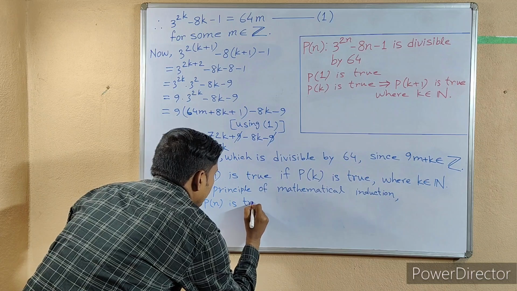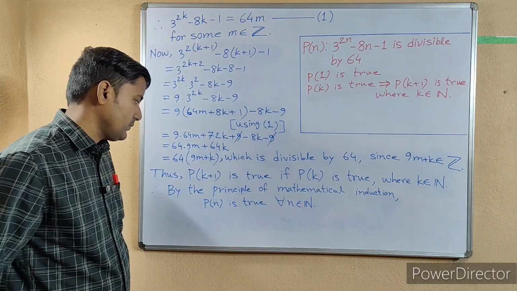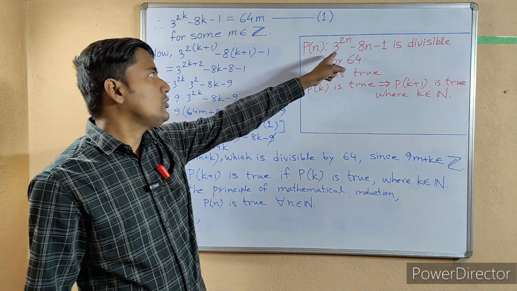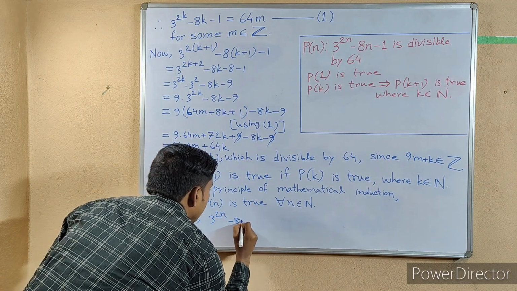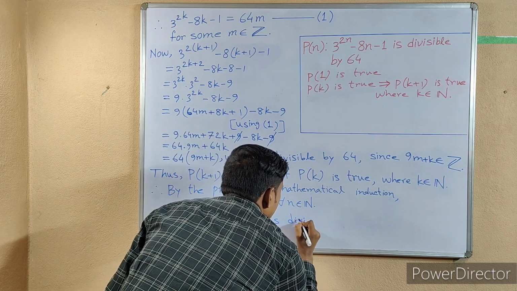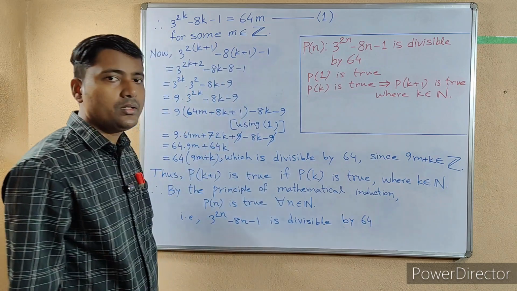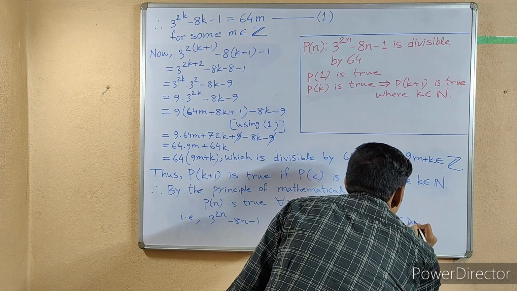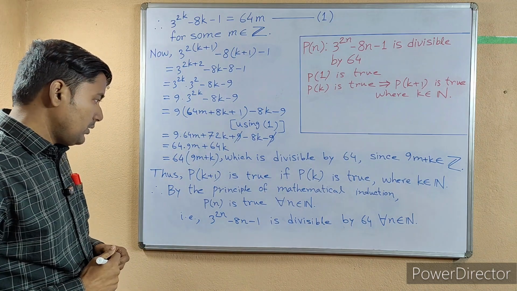Pn is true for all n belongs to N. That is, Pn is true means 3 to the power 2n minus 8n minus 1 is divisible by 64, and this is true for all n belongs to N. Okay, this completes the proof.